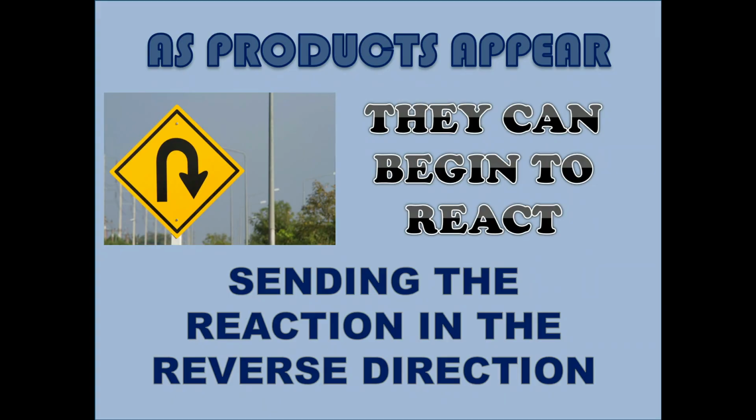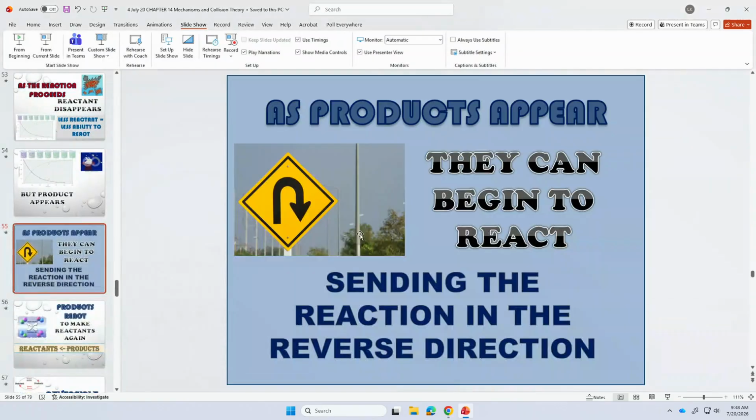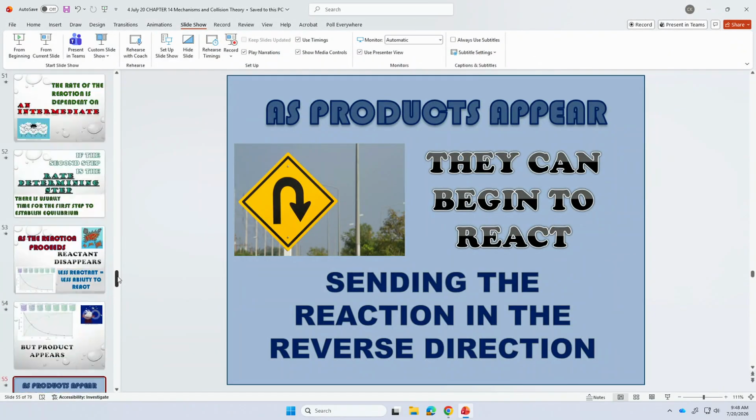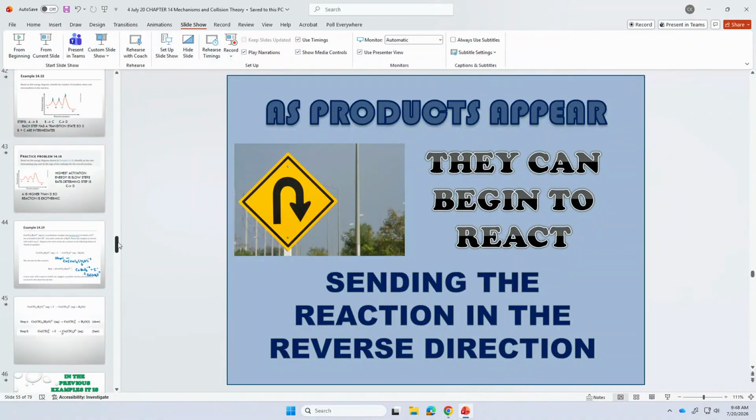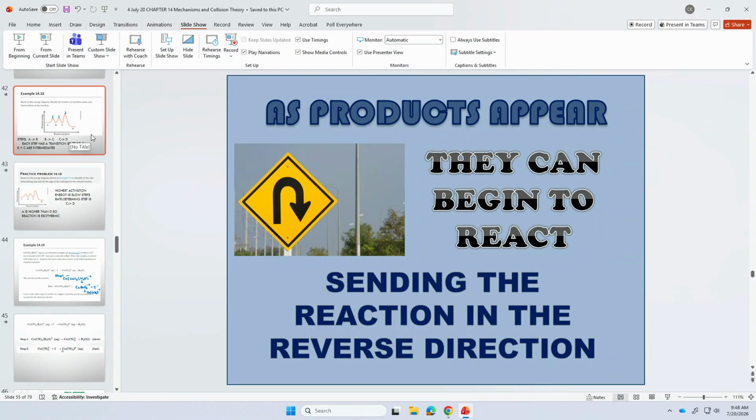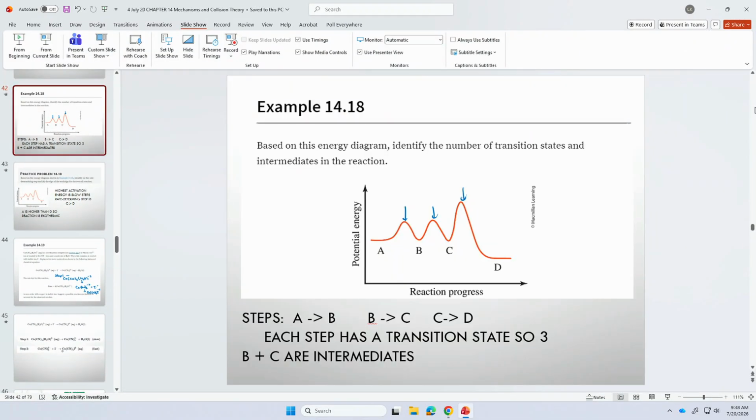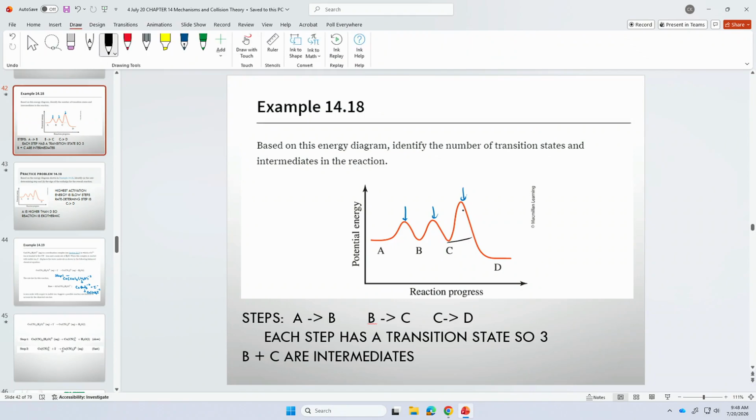Because in a reaction in which I see this, my activation energy for the reverse reaction is huge in comparison to the forward reaction there. That is probably not going to go in reverse.